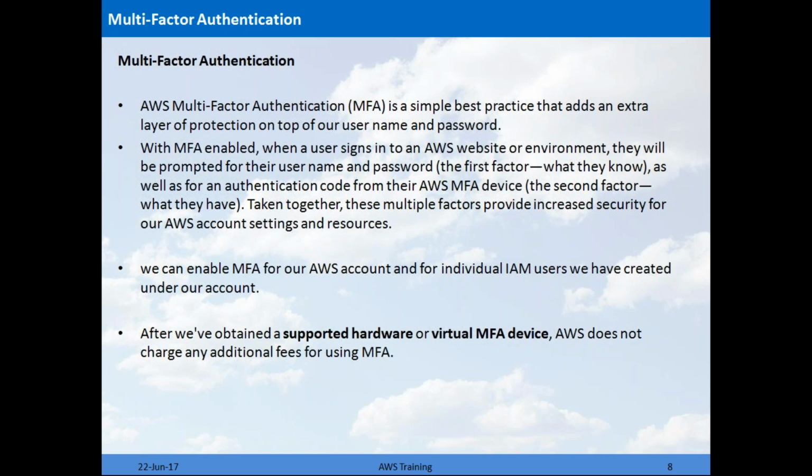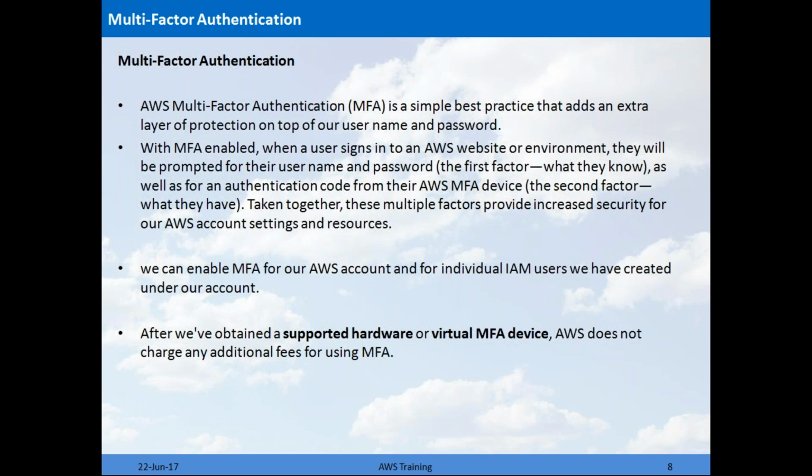As well as an authentication code from their AWS MFA device. That is the second factor. Taken together, these multiple factors provide increased security for our AWS environment. The device is sent by AWS, and we can have this for individual IAM users or for a group. This MFA device can be utilized.